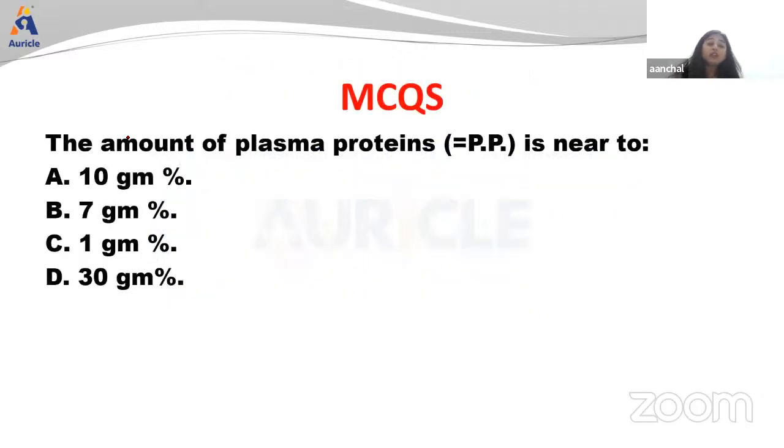Okay, so we have a question here: the amount of plasma protein is near to? As I have already told you the value, I think now all the students will be able to answer, and for this I'm giving you 10 seconds.